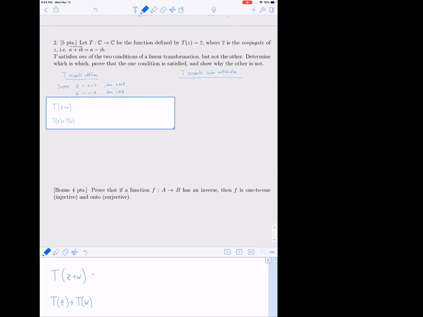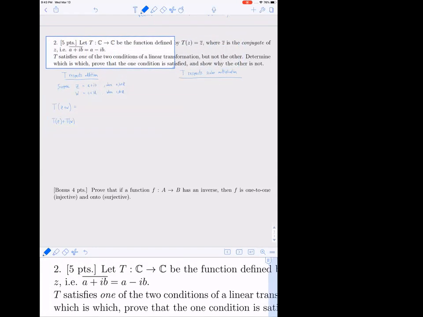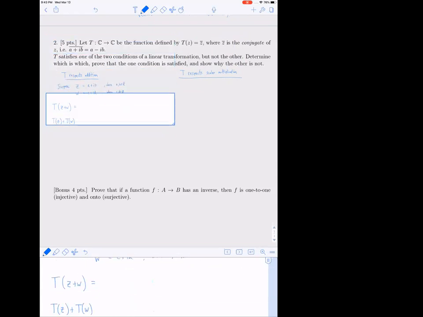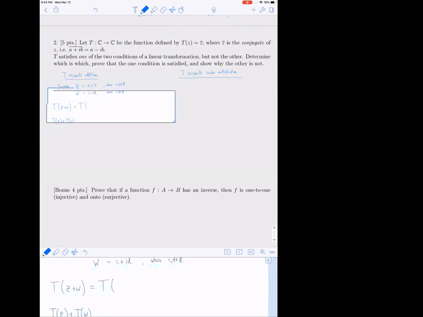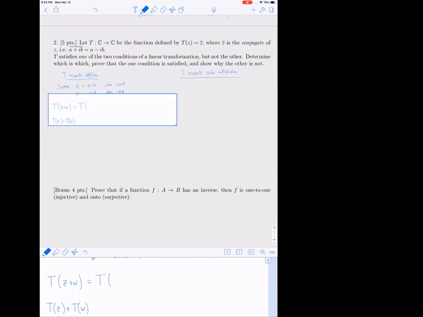Okay, well, as things stand, in order to write down what T does, we need to do something with z plus w. Z plus w is not written in this form, a plus ib, so it's not entirely clear maybe how to write down that conjugate. So what we should do is use what we know about these complex numbers, namely that z is equal to a plus ib, and that w is equal to c plus id.